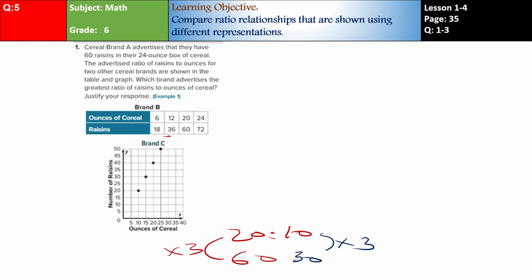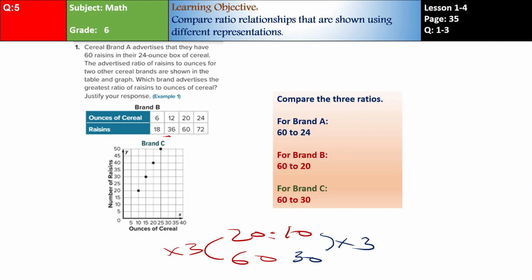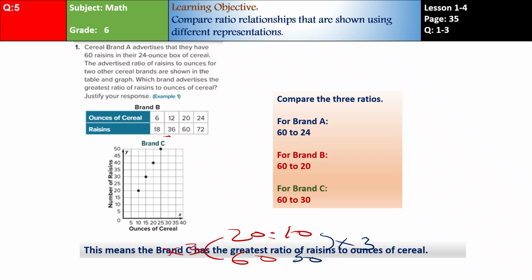So now we have all the ratios: 60 to 24, 60 to 20 and 60 to 30. Now which brand is giving more raisins for the ounces? Brand C has the greatest ratio of raisins to ounces of the cereal.